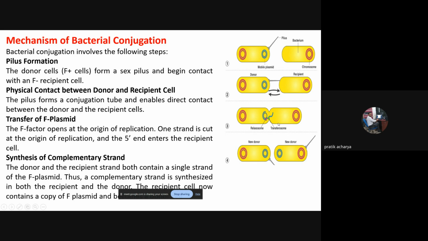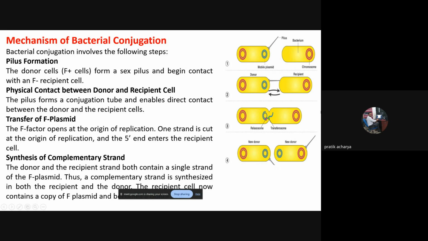And after a certain time, the donor separates from the recipient after donating certain extra chromosomal material, and the cut extra chromosomal material is replicated again, and the bacteria is as usual in its previous form, but a new thing happens here.